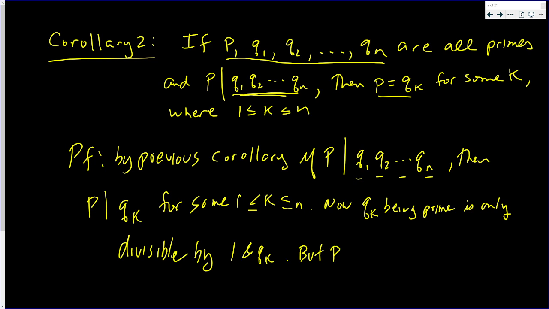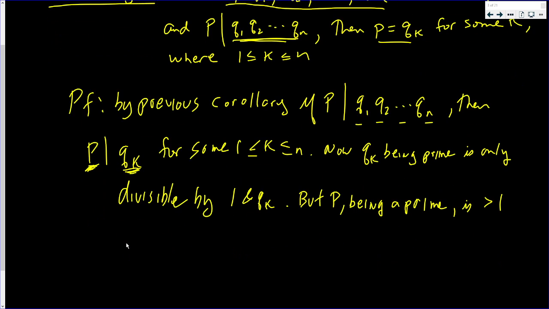But P, being a prime, is greater than 1. So this is a number greater than 1, and it goes into a prime number. This forces P to equal Qk.